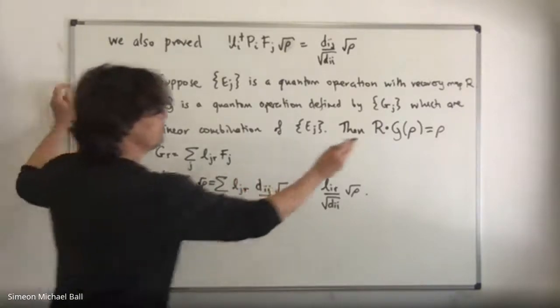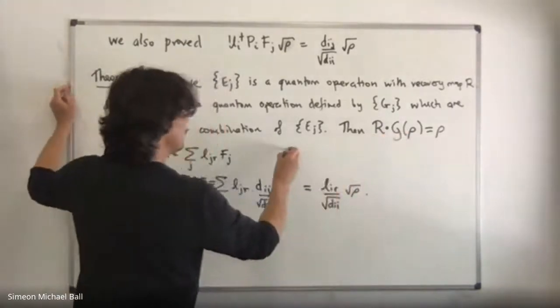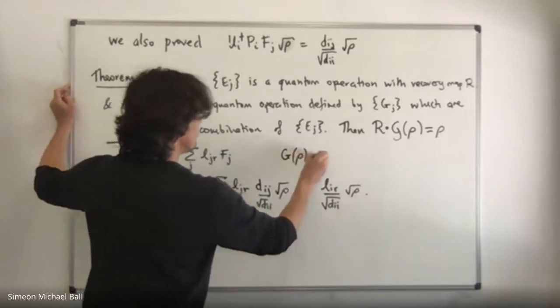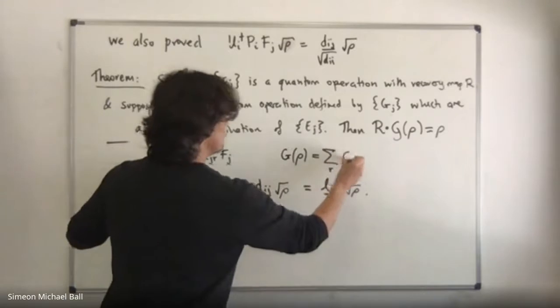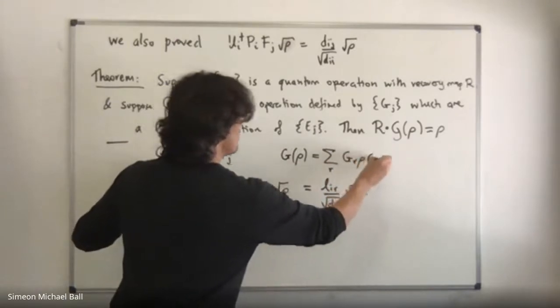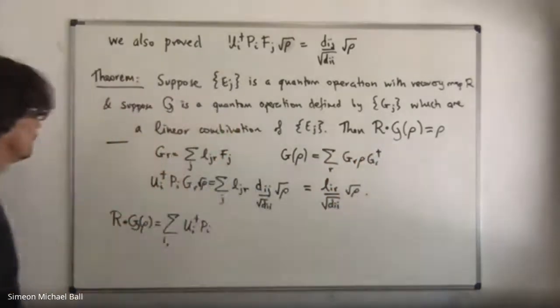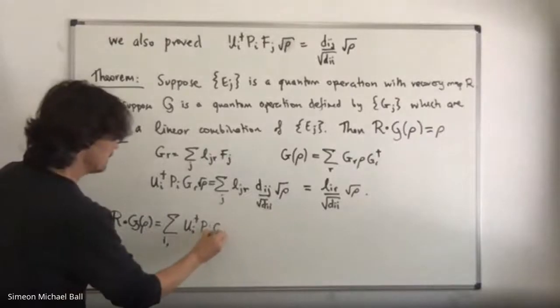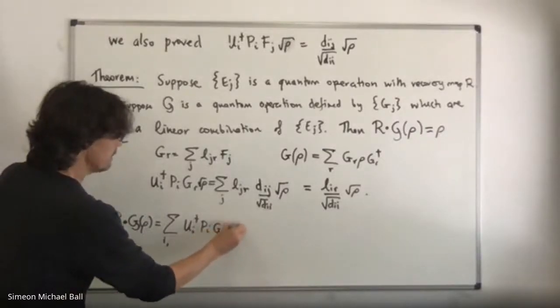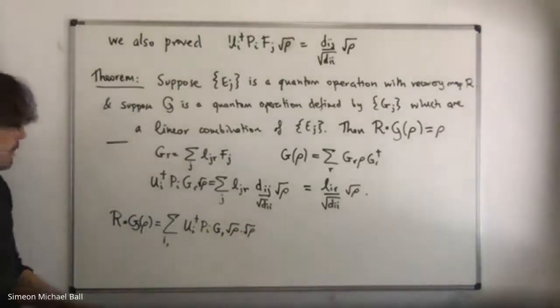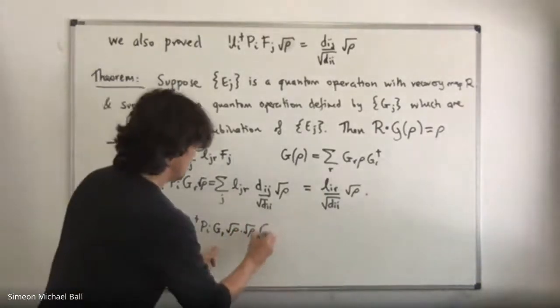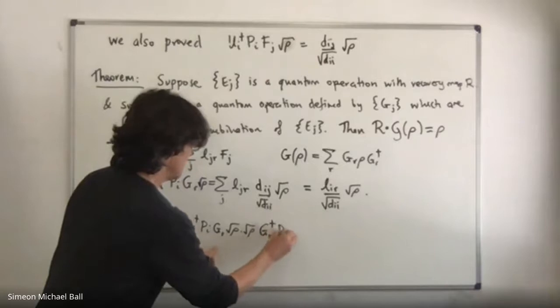So the G on the rho, remember, will be the sum over R of G_R rho G_R dagger. Okay, so here I get G_R. I'm going to write the rho as square root of rho times square root of rho, and then put the other ones going back the other way.